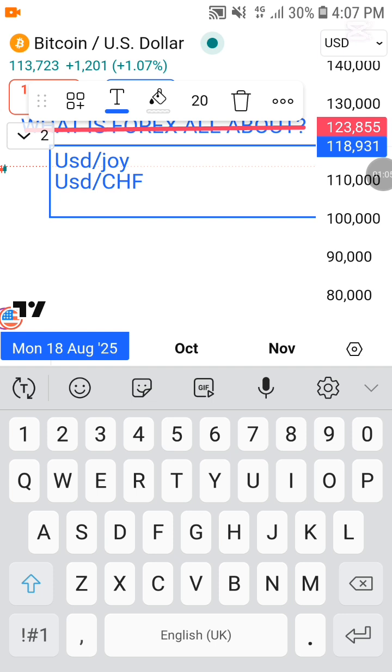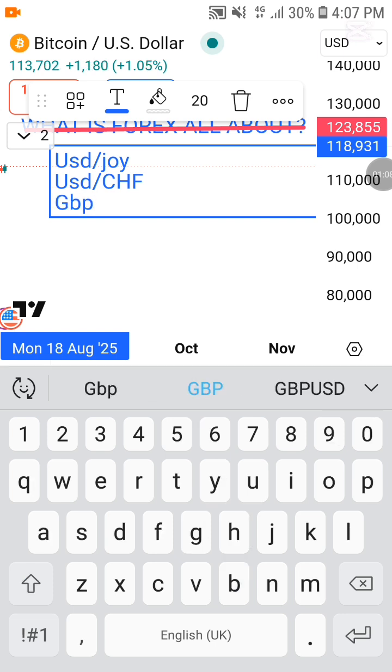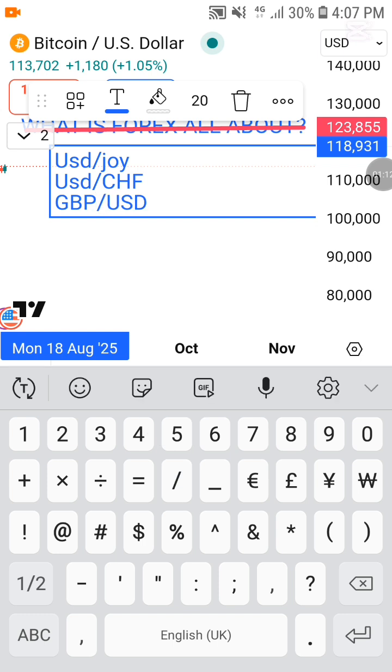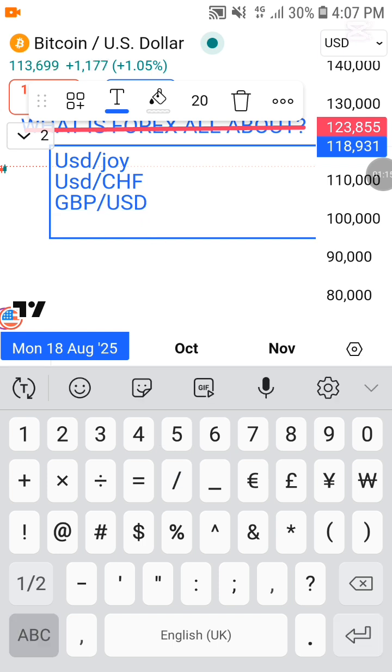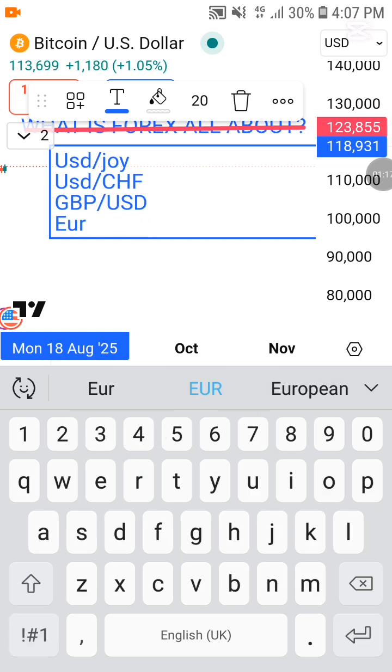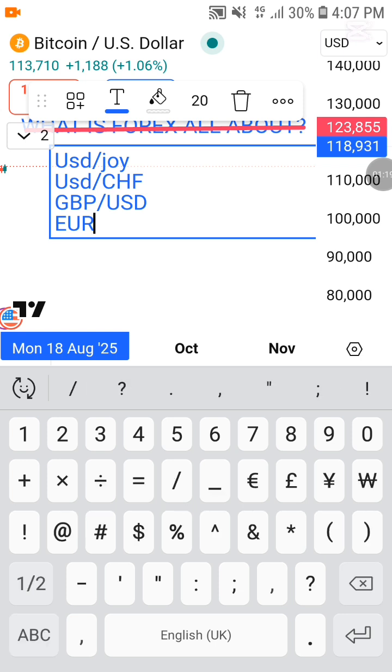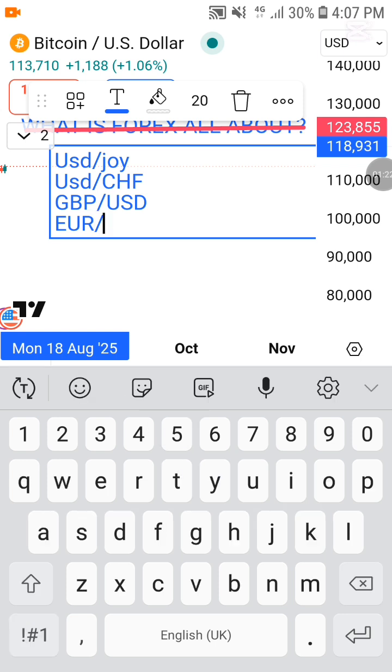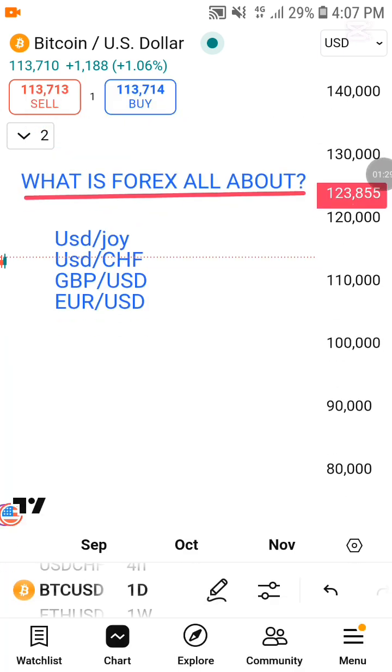We have GBP and USD, and then we have EUR and USD. Can you see? So all these are currency pairs written in abbreviation.